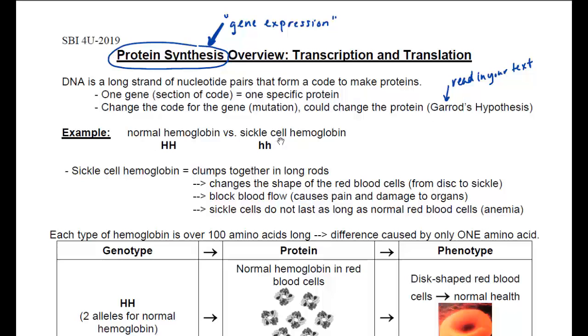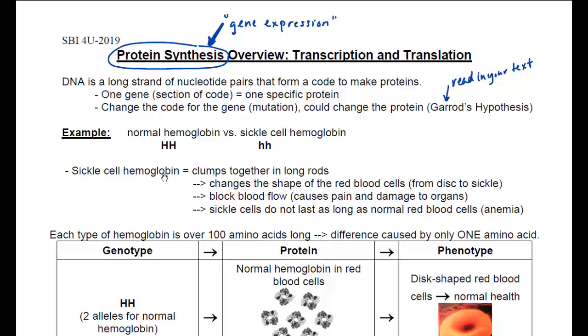If you have sickle cell, then your hemoglobin is badly shaped. And the actual cause of it is, if you look down here, one amino acid has gone wrong in a hemoglobin molecule that is over 100 amino acids long. So one little change in the DNA code was enough to change that very special amino acid, and it was enough to change the function of the hemoglobin.